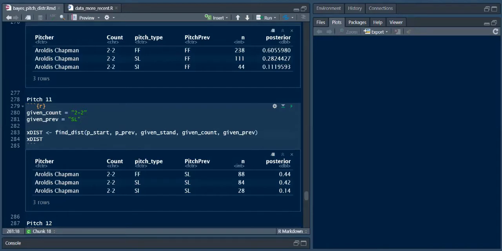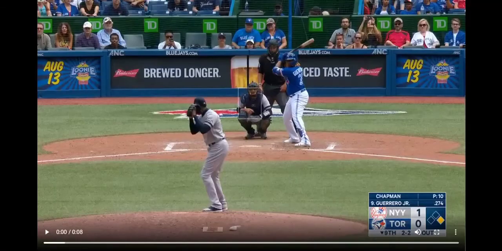Because it's like, okay, you can have this 14% chance, I'll just have to adjust and maybe foul it off. But I'm going to narrow my sights to about half the chance being fastball, half the chance being slider, which if you're Chapman is a great spot to be in, right? You want this guy to have no idea what's coming. And this is pretty close to just a 50-50 guess. So let's just see what happens.